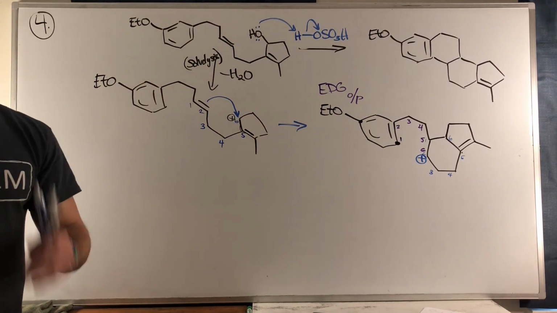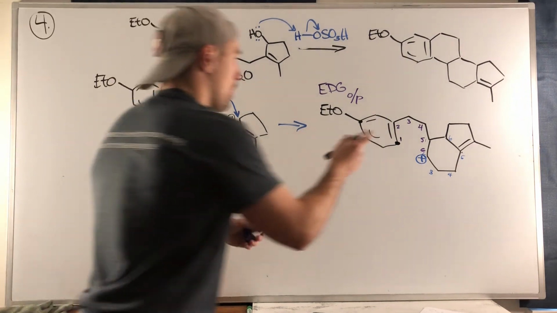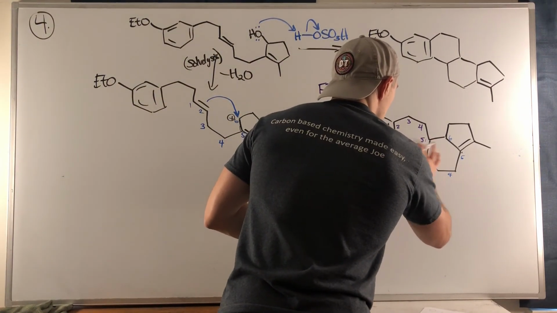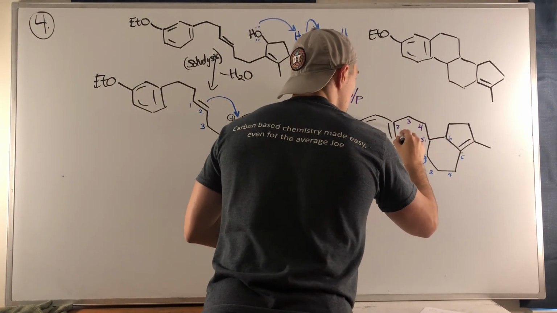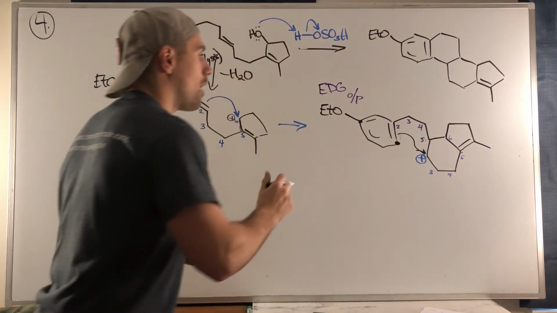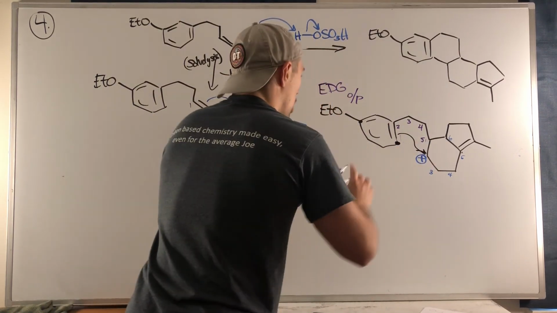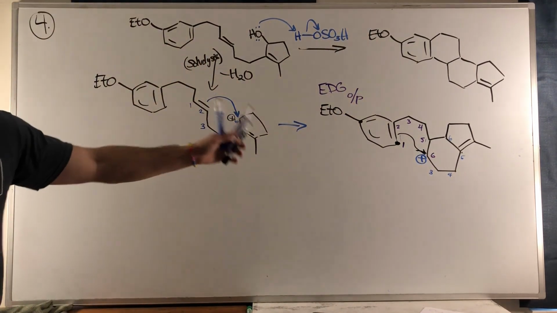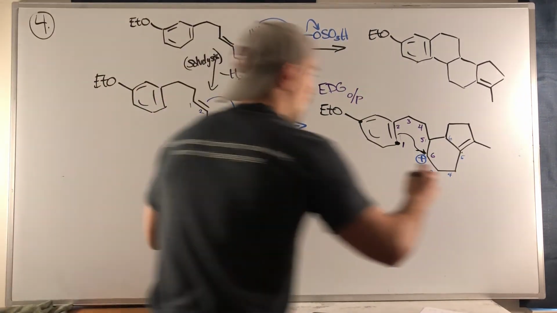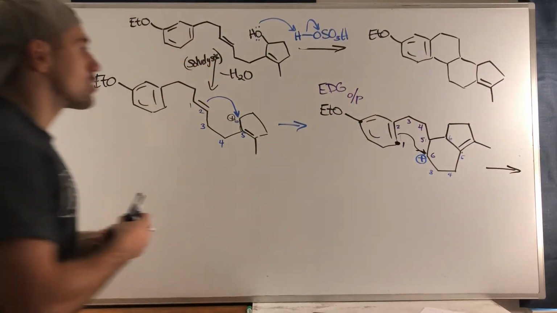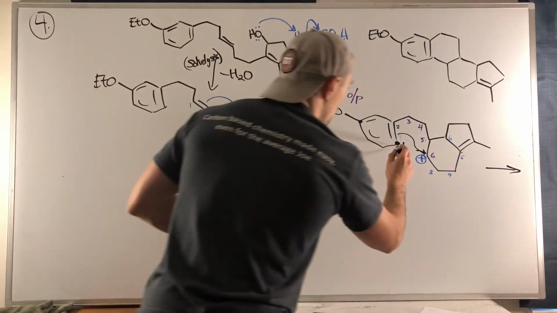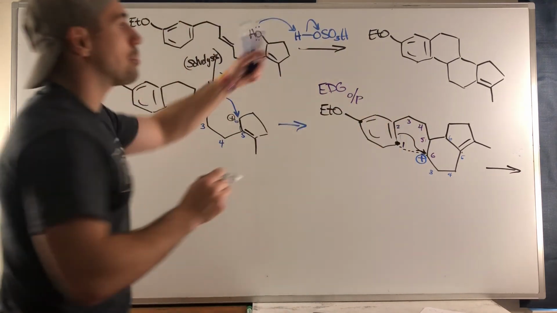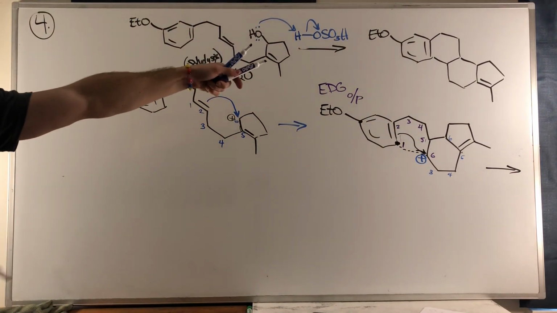So this is just an EAS reaction from here on out. I'll erase these numbers for a second and draw this arrow. The double bond in the benzene ring from carbon 1 is absolutely going to grab the 6th carbon that is now currently the carbocation. What you have to trust me on is this bond is going to form, and that sets us up perfectly to have our system right there.